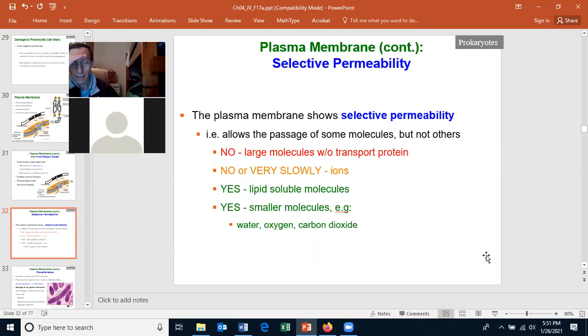For example, DNA is a large molecule, and generally DNA does not get across the cell membrane. It's just too large to do that. If DNA is brought into the cell, then that's because there is a transport protein that will bind to the DNA and then bring the DNA inside the cell.